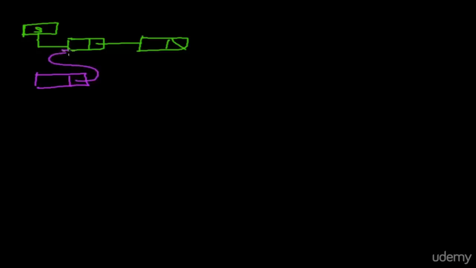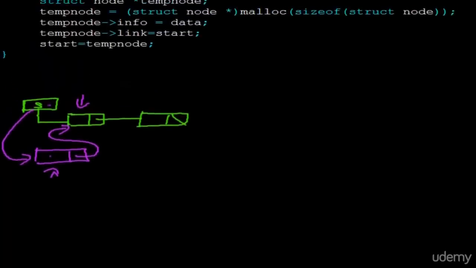So this temp node will start pointing to the first node, right? Then we will copy the address of this temp node into the start pointer. Then start will start pointing to this temp node. By doing this we can achieve insertion at the beginning of the list.